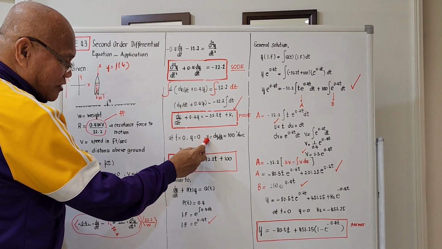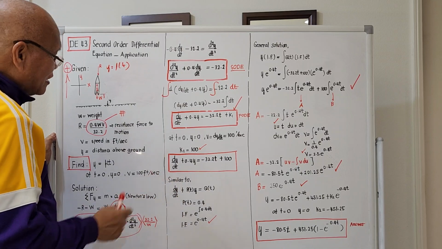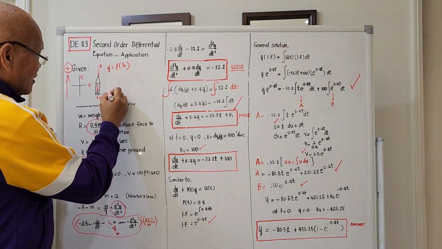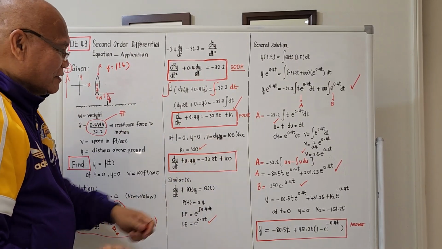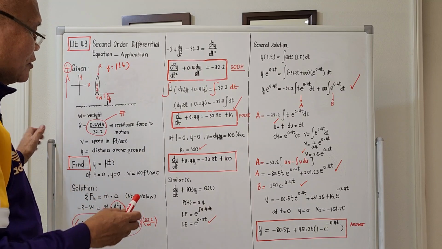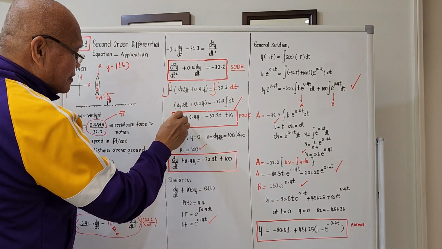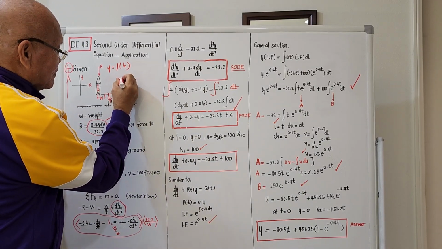That initial velocity in terms of the variable height y is actually dy/dt, and this is equal to 100 feet per second.